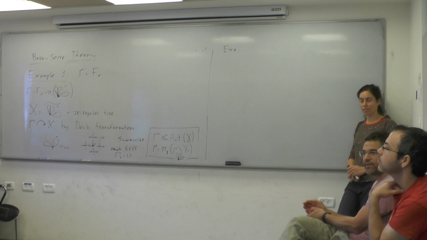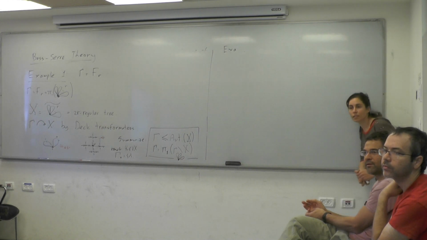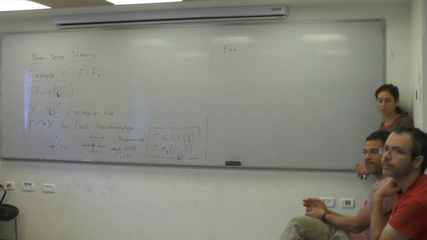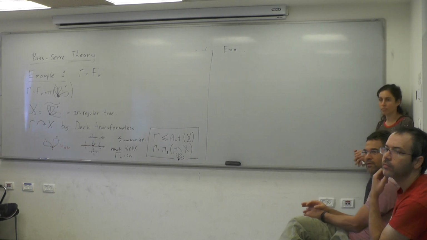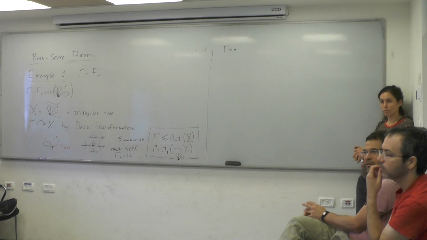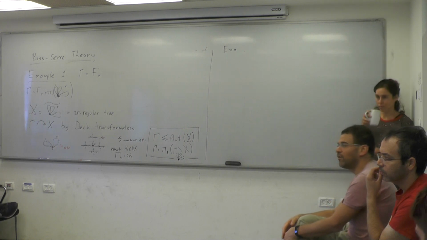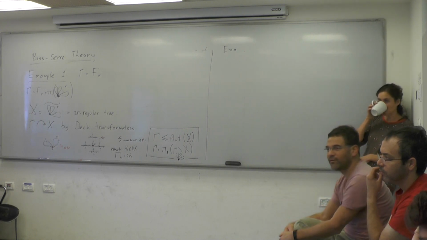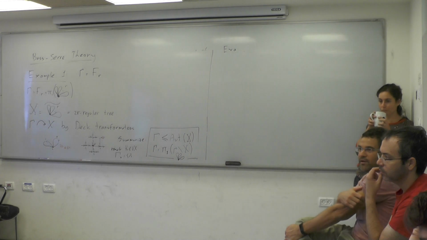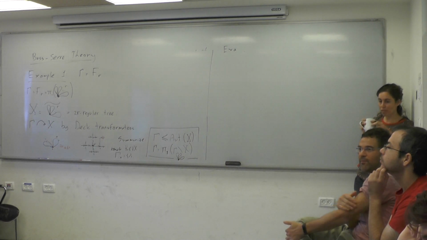I want to ask about when you said that you can embed Hom(gamma, G) into G^n. It's a bijection, but is there a topology on both of them that is preserved? We don't discuss the character variety here, but yes, there is a natural topology on Hom(gamma, G).